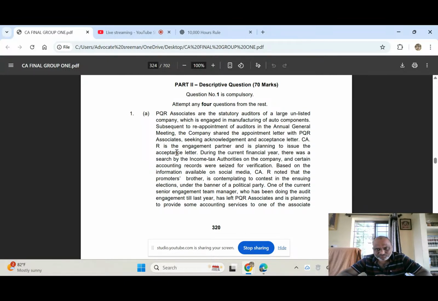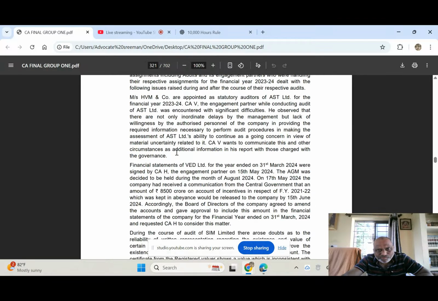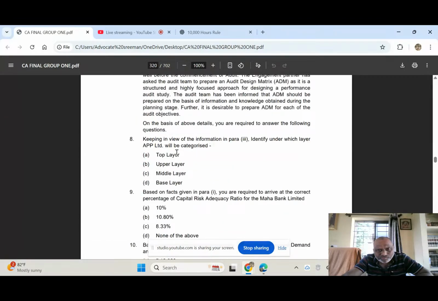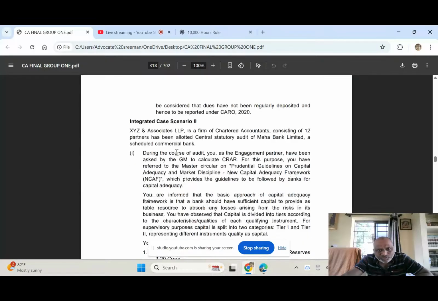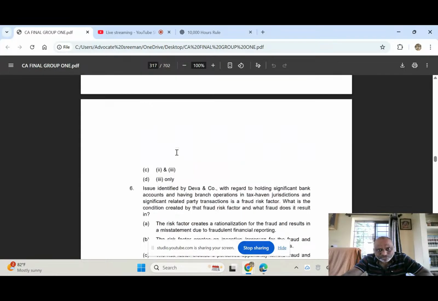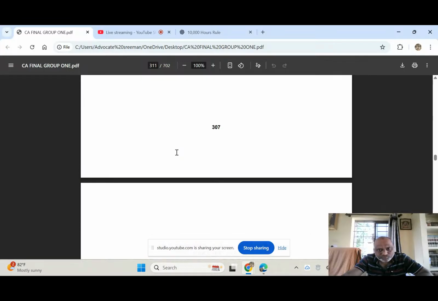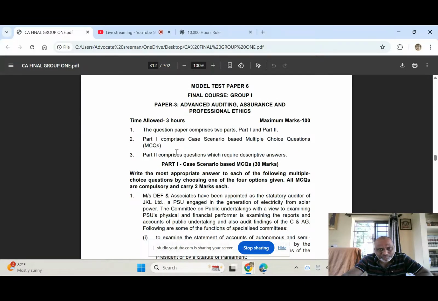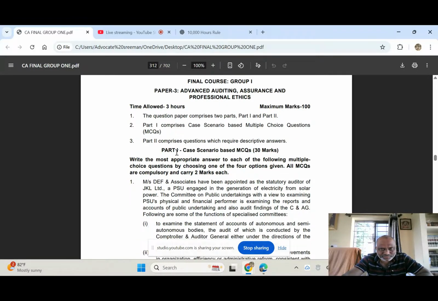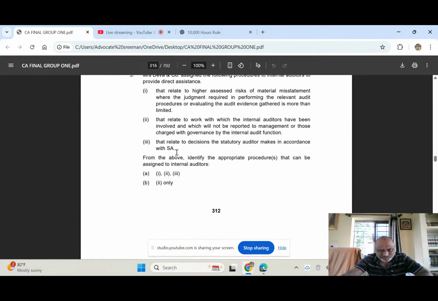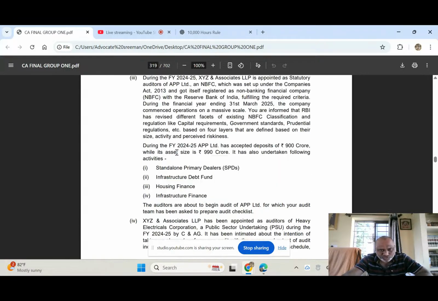I have a doubt whether this is MTP 6. Perfectly, model paper 6A, model test paper 6A. Do not worry at all. Concentrate on the question, because it seems to be somewhere I studied.